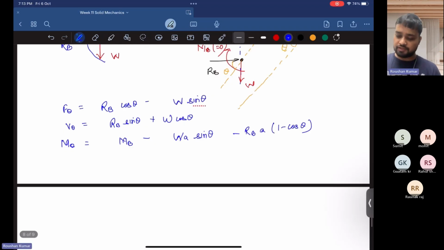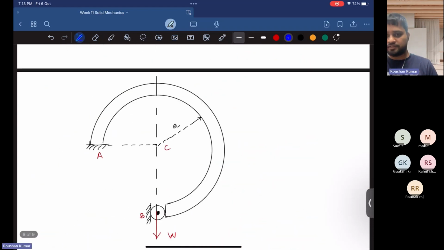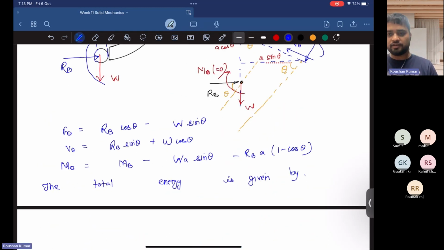So the total energy in terms of FB, RB and MB is given by the following. Here we are considering extension, shearing and bending, because this problem does not create any twisting, so that's why it is 0.